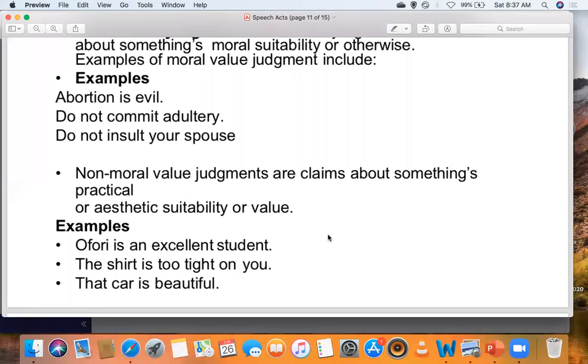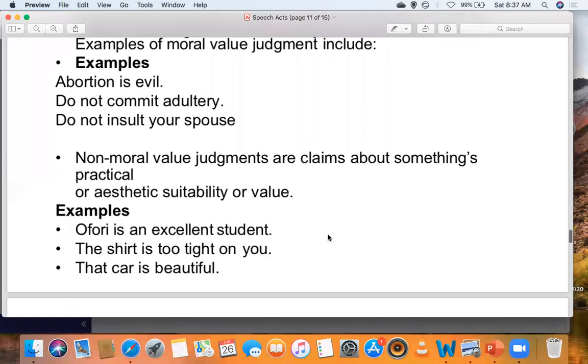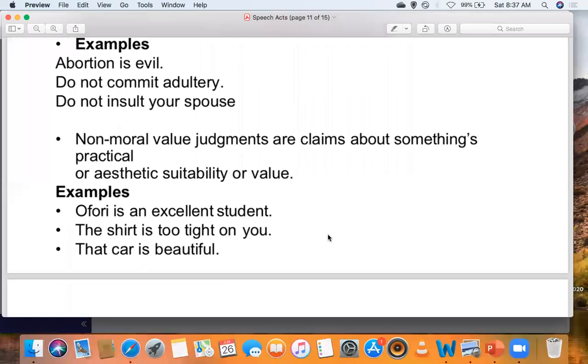Then we have the non-moral value judgments. They are claims about something's practical or aesthetic suitability or value. Now we have values that are not moral, but they are values we also cherish a lot. For example: Ofori is an excellent student. Excellence is not really a moral value, but we cherish excellence a lot. That shirt is too tight on you.